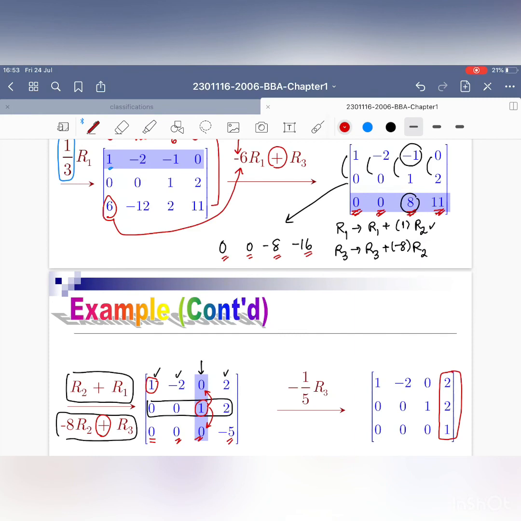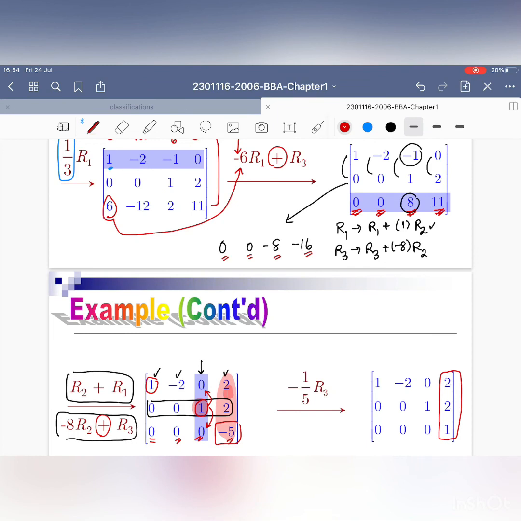If you take a look at your last column over here, because you just finished your second position on the third column, for your last column we are going to look at the third position on this last column.